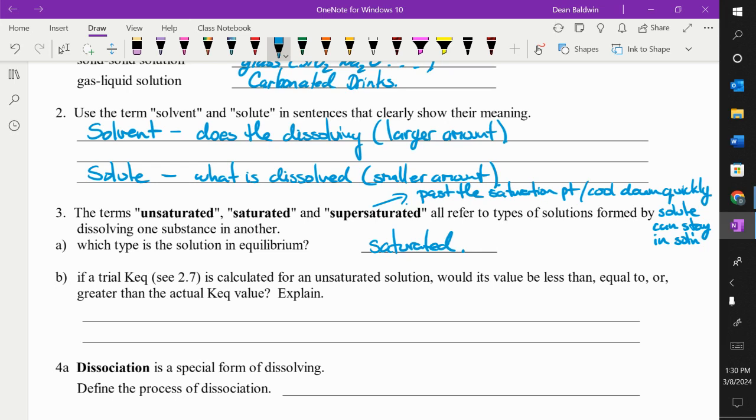If your trial KEQ, Michaela's favorite thing, is calculated for an unsaturated solution, would its value be less than, equal to, or greater than the actual KEQ?